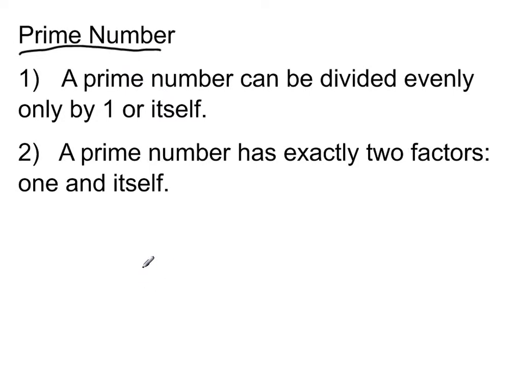A prime number can be divided evenly only by 1 or itself. And what you can think about divided evenly, that's the same thing as saying divisible. My pen is dragging, so I'm sorry about divisible being written so weird. Kind of looks cool. So divisible means no remainder. So that's all divided evenly.